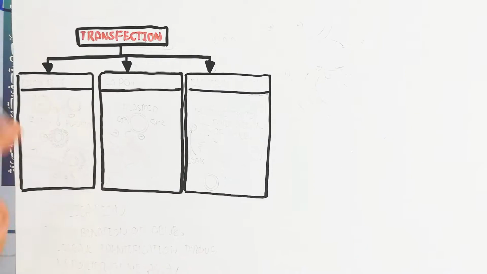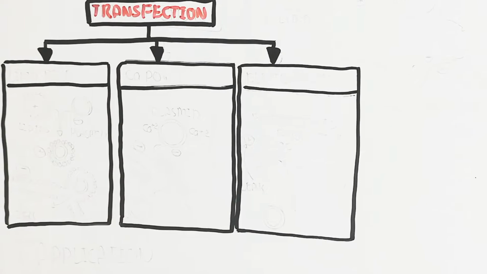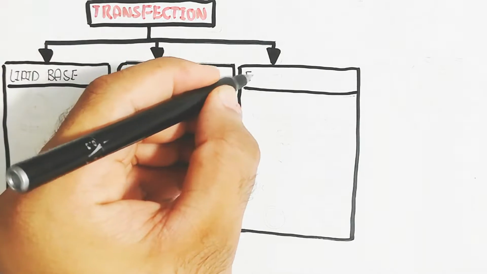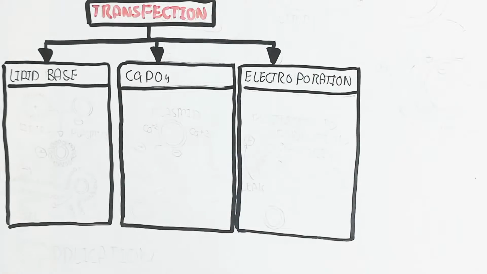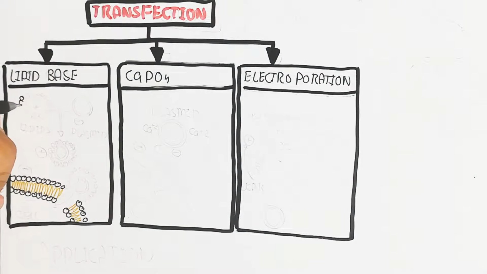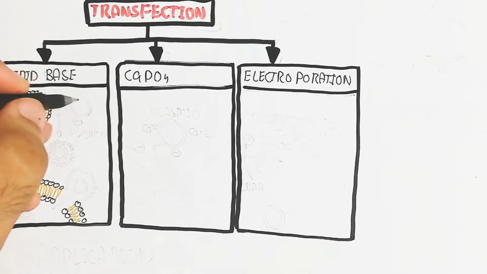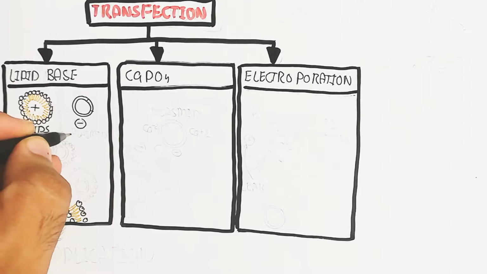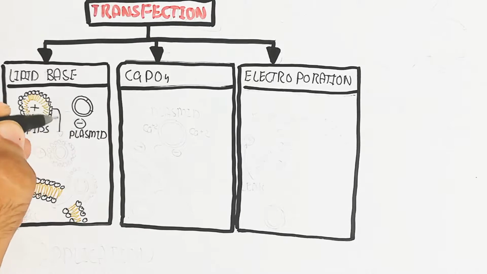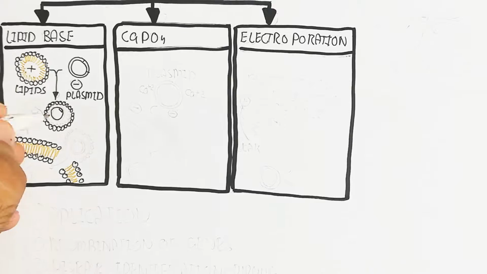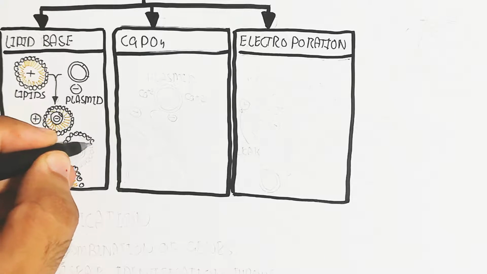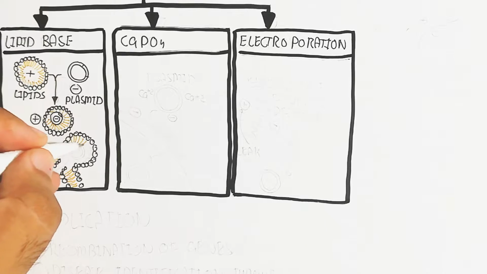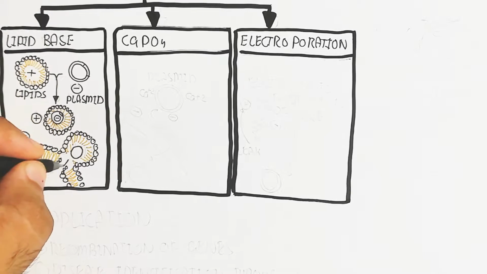So let's begin to understand the types of transfection. We can classify three types, for example: lipid based, calcium phosphate, and electroporation. First, in the lipid based method, the lipid contains a positive charge, while the plasmid containing DNA has a negative charge, and they interact with each other to form an endosome-like formation, entering the cell via an endosome, and the plasmid will be released directly or indirectly.